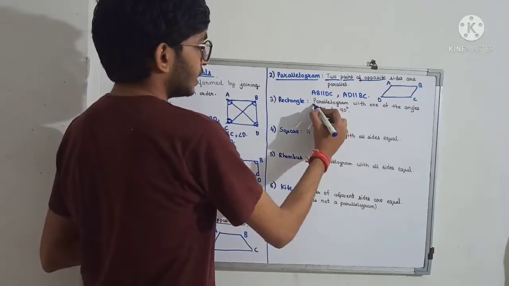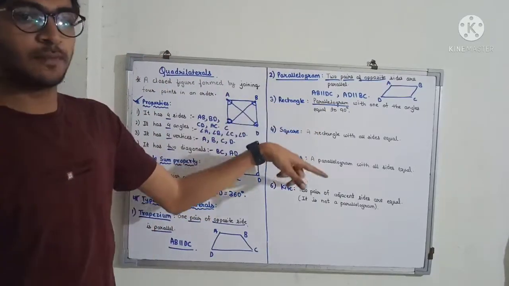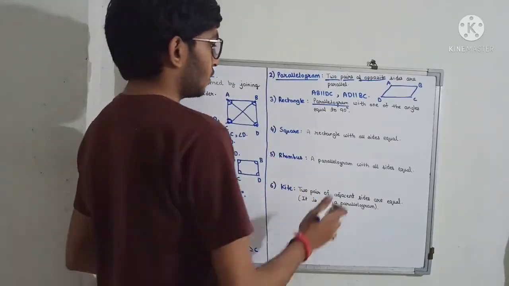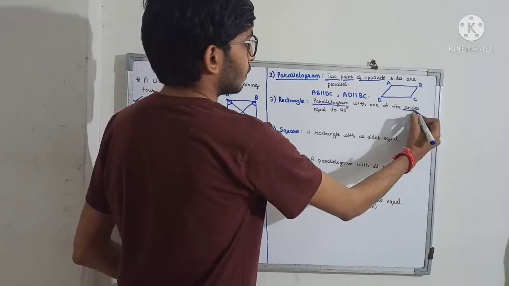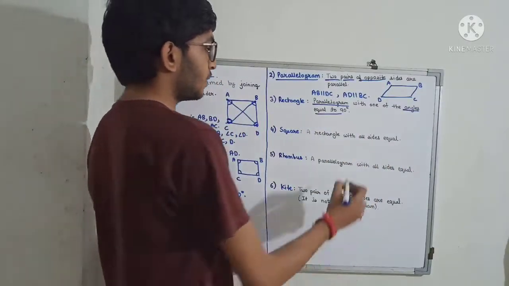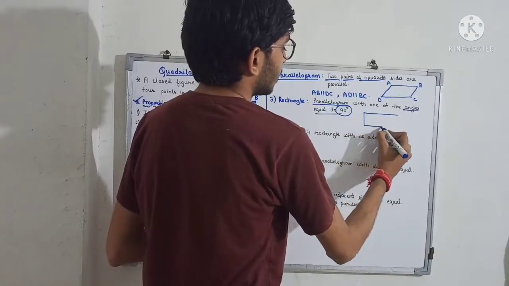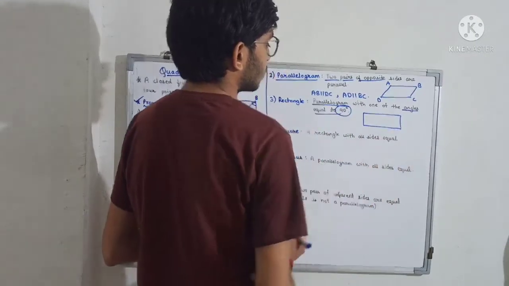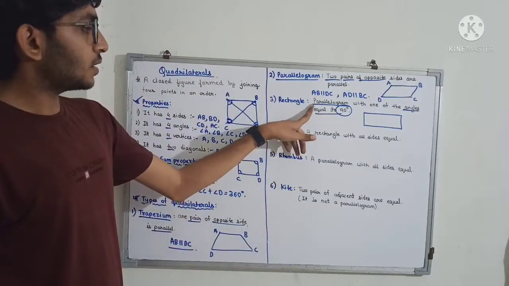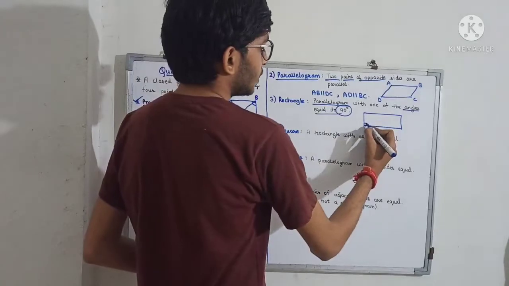Next comes a rectangle. A rectangle is a parallelogram, so we have to notice that a rectangle is a type of parallelogram with one of the angles equal to 90 degrees. This means that if one of the angles is 90 degrees, all the other angles will automatically be 90 degrees.